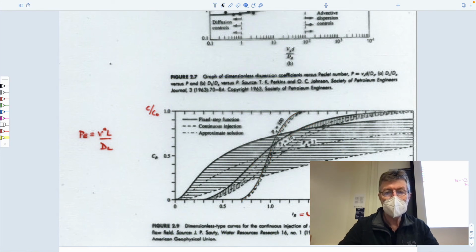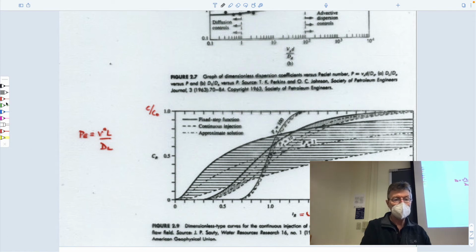If we have this expression here, remember that we said that only if it's infinite Peclet number do we get this breakthrough front. If it's a Peclet number which is less than that, it still goes through the 50% mark and at one pore volume, but it's cantered over. But as we get larger Peclet numbers, this is a Peclet number of 1, then no longer does it go through the 50% mark and the 0 pore volumes mark. And so we have to be aware of being able to use that.